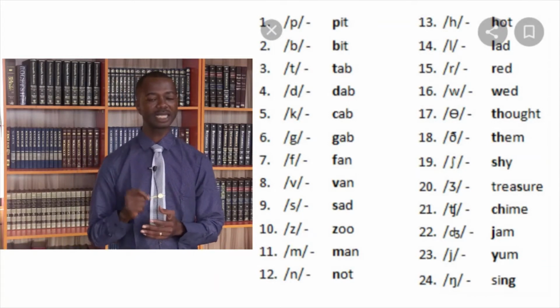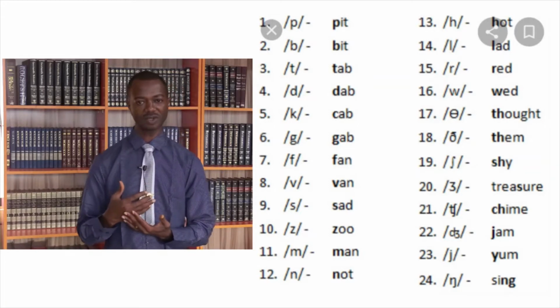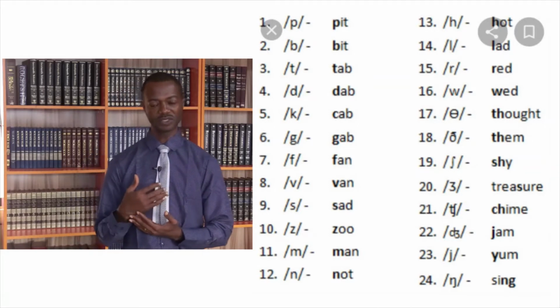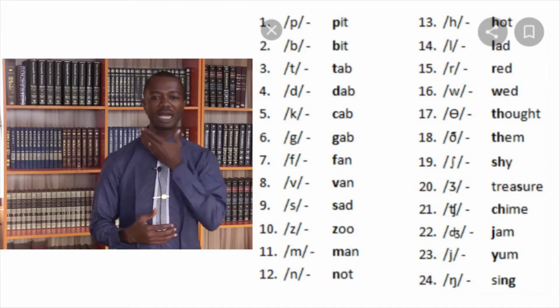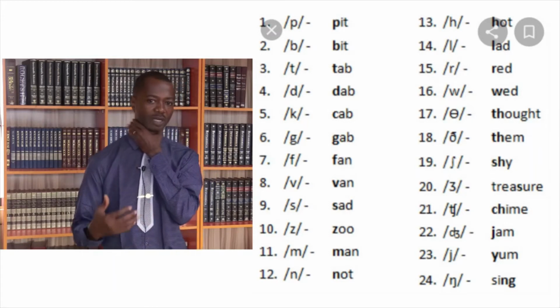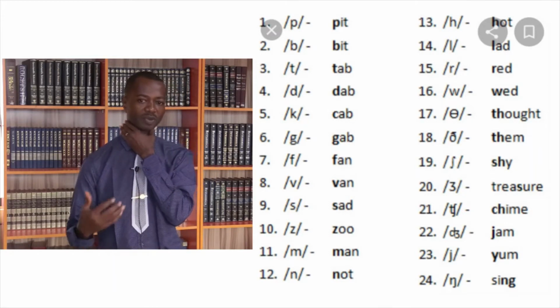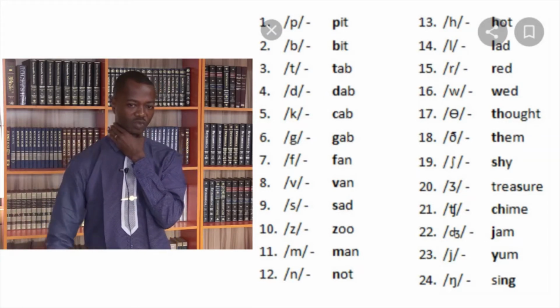Then we have the th. The th is a voiceless consonant. That is, when you produce the th sound and you place your palm on your larynx like I'm doing now, there's less vibration compared to when you pronounce the voiced one.